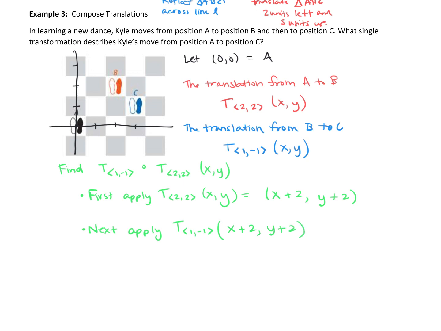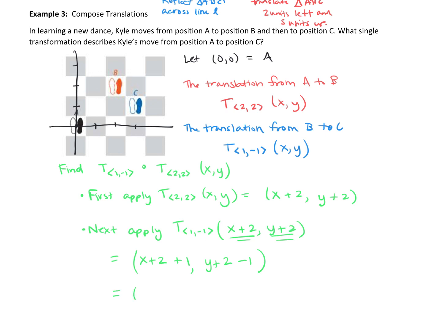Now to do that, we're going to take our coordinate x plus 2, and then we're going to add 1, because that's telling us to go one more spot to the right. Then we're going to take our y plus 2 position, and we're going to subtract 1, because that told us to take our image and move it down 1.